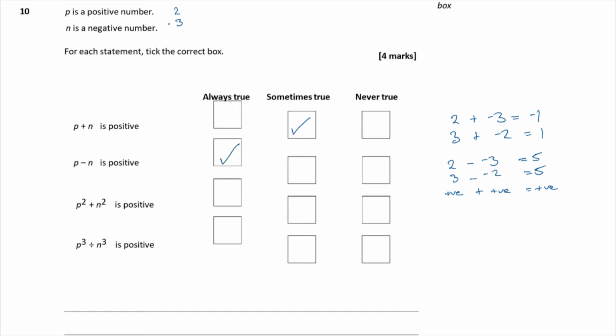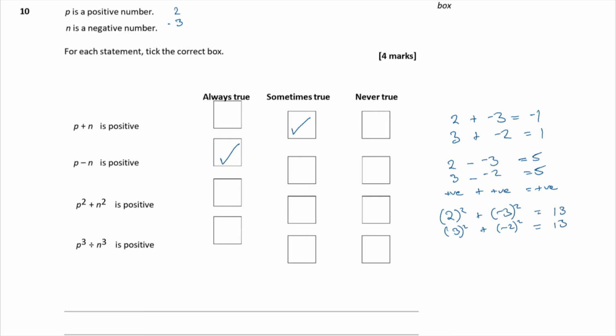P squared plus n squared, is that always positive? Again, with our test values, 2 squared plus negative 3 squared, that's going to be positive, isn't it? Because 2 squared is 4, negative 3 squared is 9. Add them together, you're going to get 13. So that's positive. If I had 3 squared and I added on negative 2 squared, another example, that's the same value.